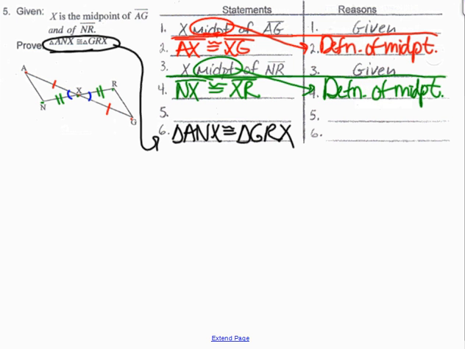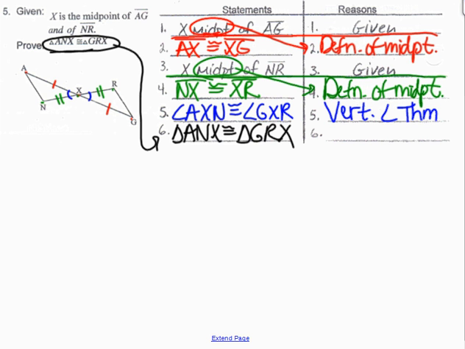So I'm going to be very specific in naming them. I'm going to say angle AXN is congruent to angle GXR. You have to write those three letters. And the reasoning then is vertical angle theorem.